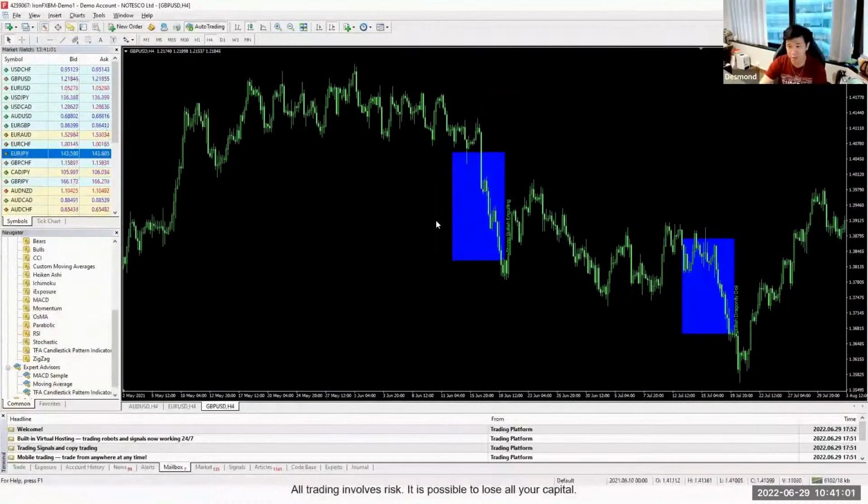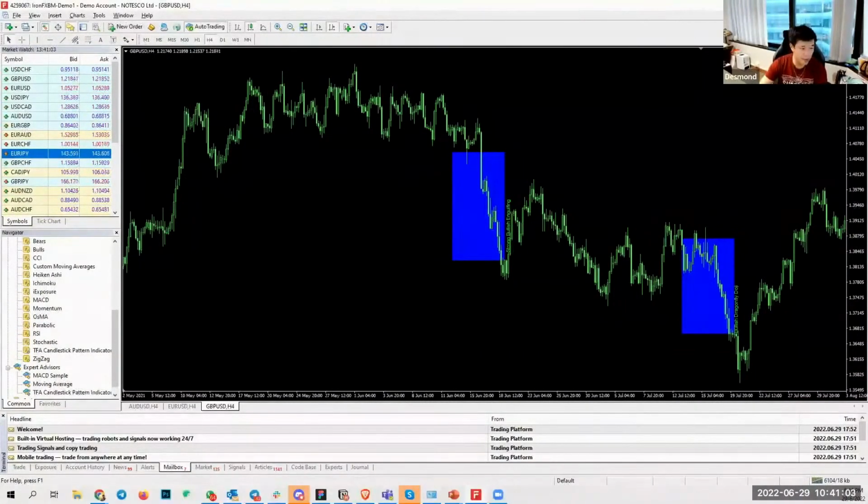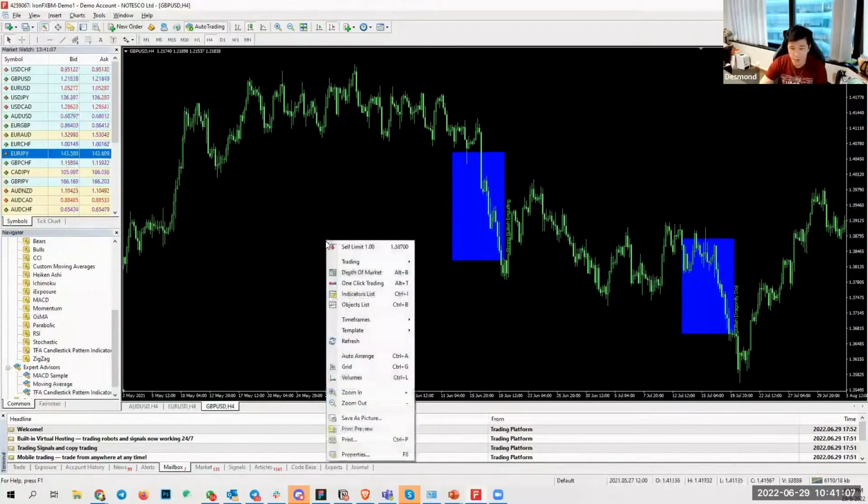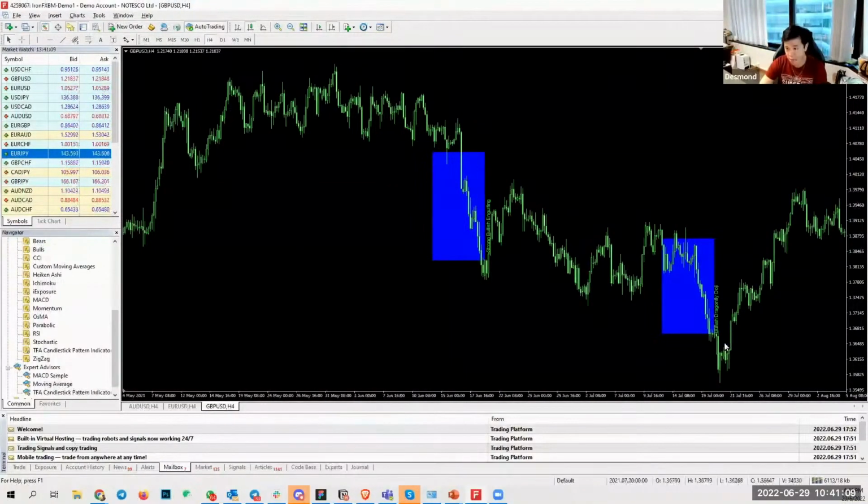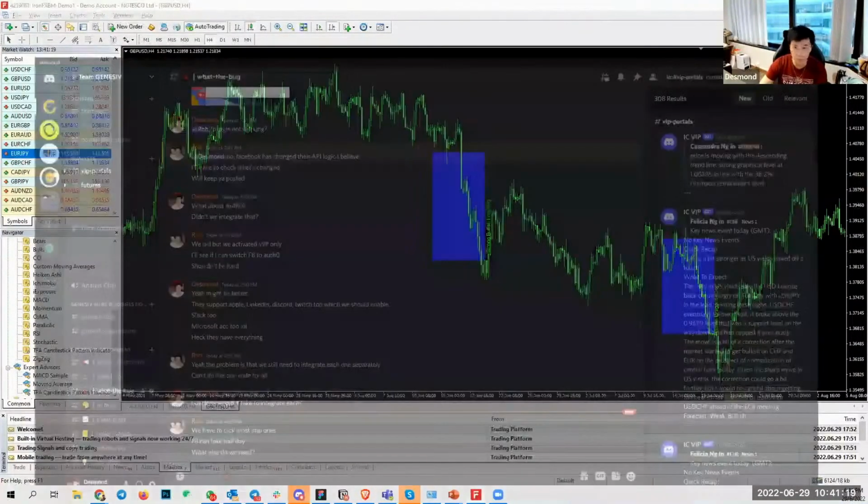This is an example of the candlestick pattern indicator, right? I don't have a pen over here, but you can see how it has found, in this case, a bullish engulfing candle. Very nice bullish engulfing, and that's a nice bounce.